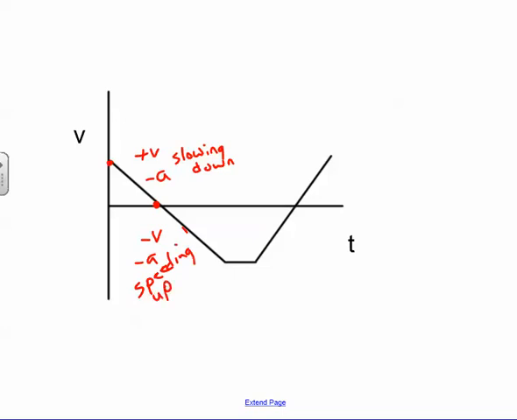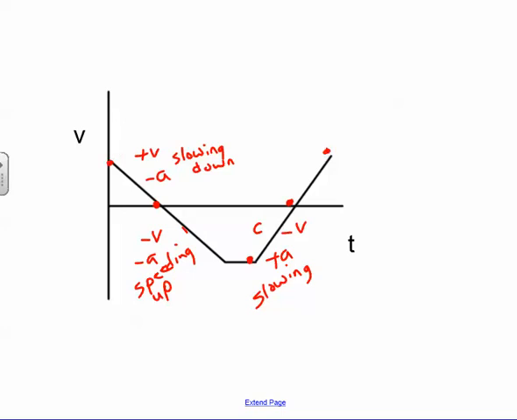Okay, and if we go to segment C, if you will, our velocity is still negative because we're below the x-axis, but our acceleration is a positive slope. So we have a positive acceleration, and we would say we're going from a speed to 0, so we are slowing down. I'm just going to write slowing here. And then lastly, in this last segment, we're going from 0 all the way up to here.